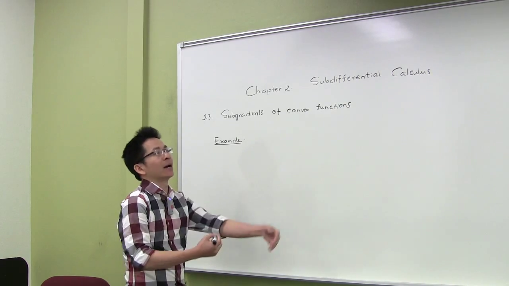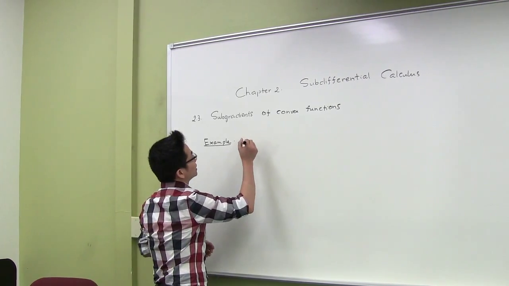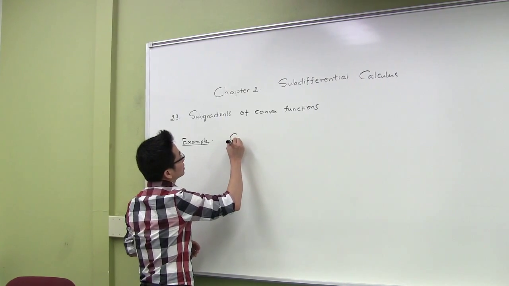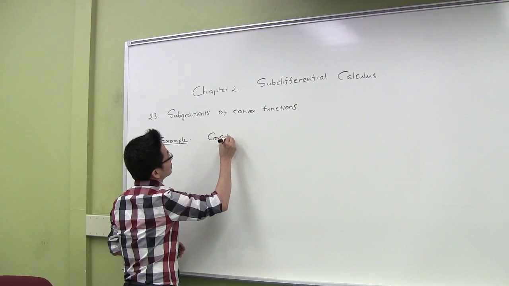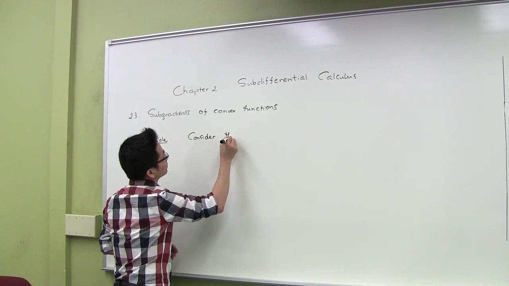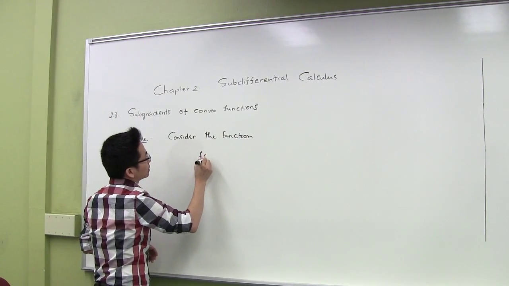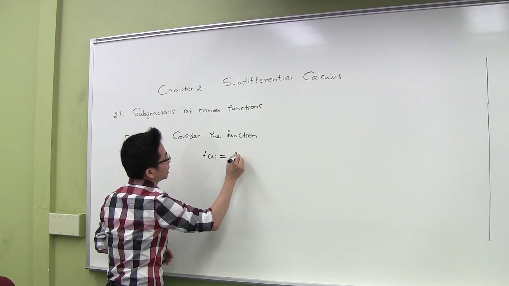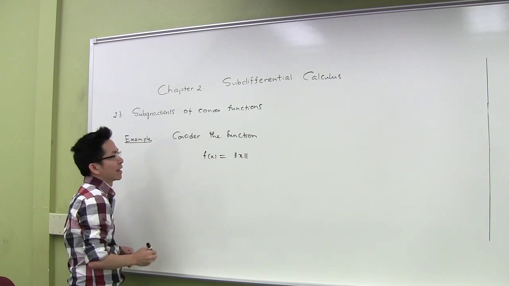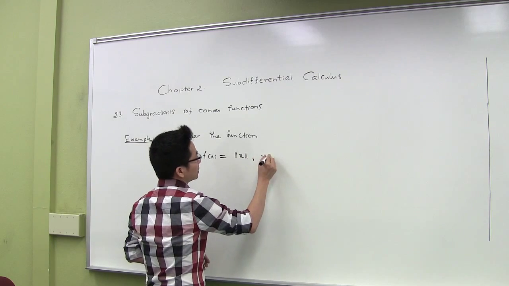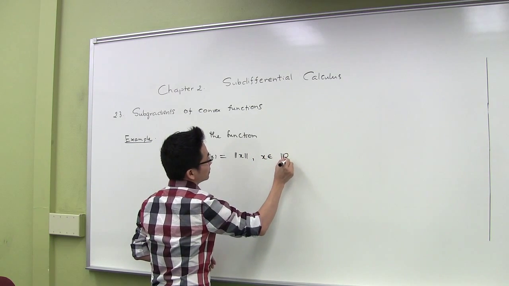Now I'm going to talk about another example of subdifferentials in Rn. Consider the function f of x equals the Euclidean norm of x, where x is defined in Rn.